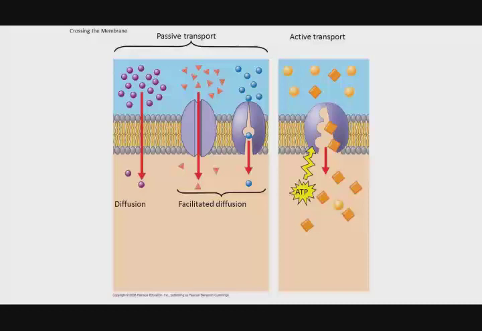The idea here is that some things move by passive diffusion. The cell doesn't have to put any biological energy into the system, and things will move down their concentration gradient. That can be facilitated through a channel or a pore or a carrier protein. In other kinds of movement across the membrane, we have to expend energy, and most biological energy costs are in the form of ATP.